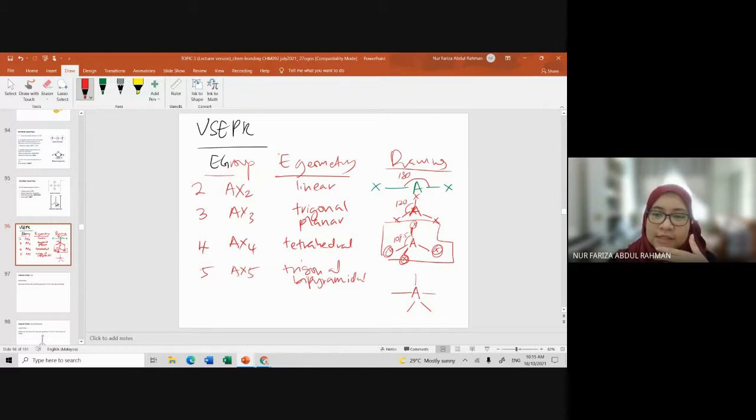So identify the equatorial part ataupun the axial part. So look for the axial part. The axial position would be the straight line, the linear position of the electron group, which is this one. Okay, alright. Equatorial is this one. Kalau saya tukar, this one is the equatorial position. Okay, alright.